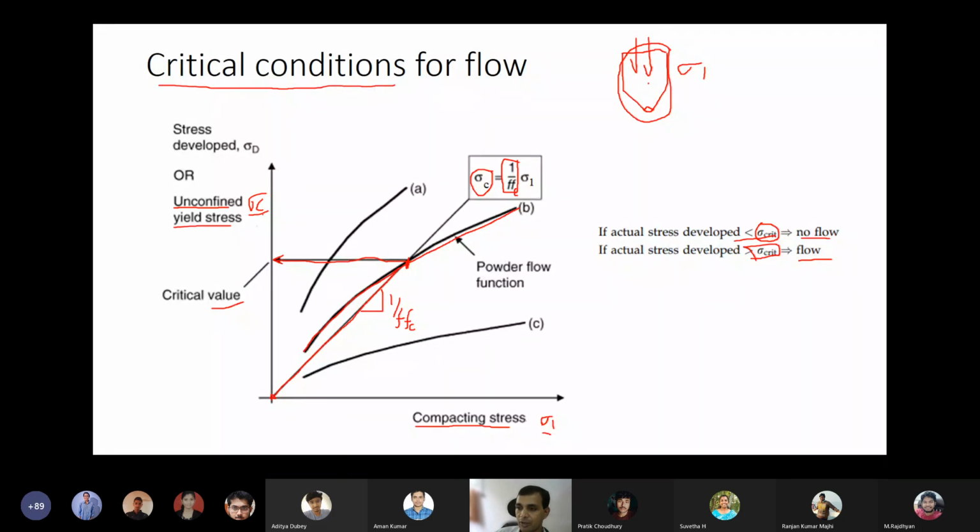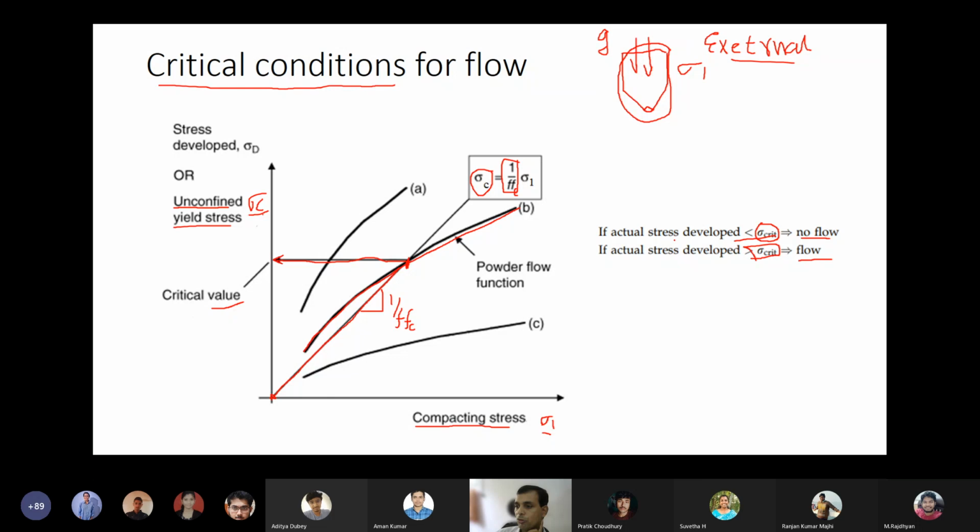If the actual stress developed is higher than critical, then only flow takes place. So once we know the critical value, we can determine from this condition whether simple gravity is sufficient or we need to give any external load.